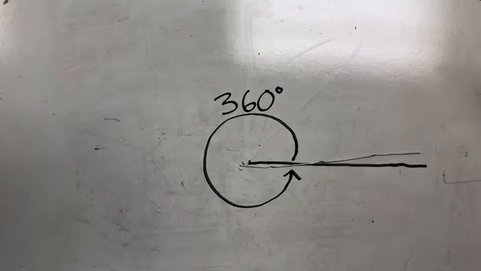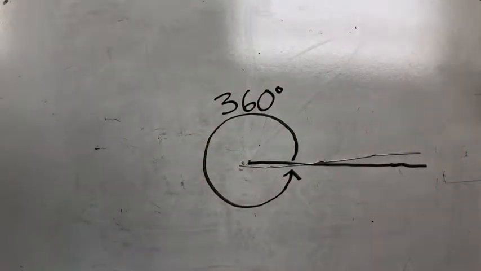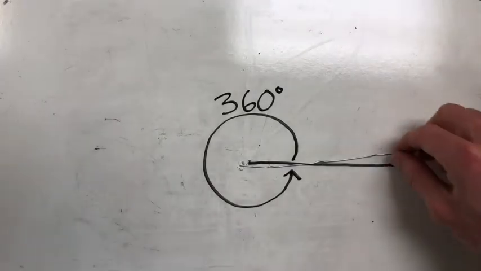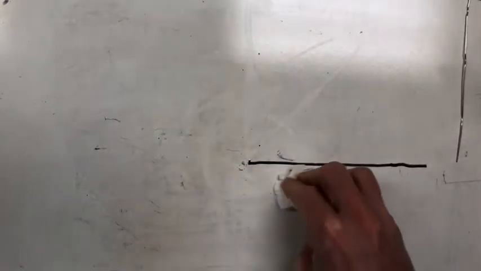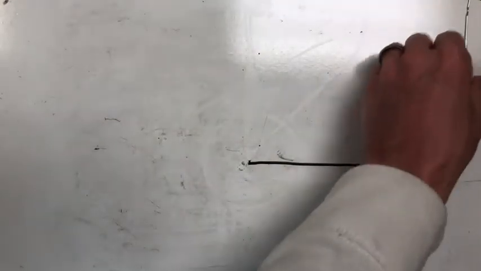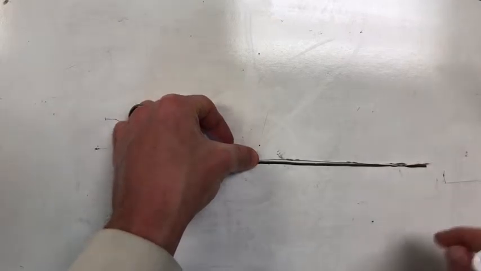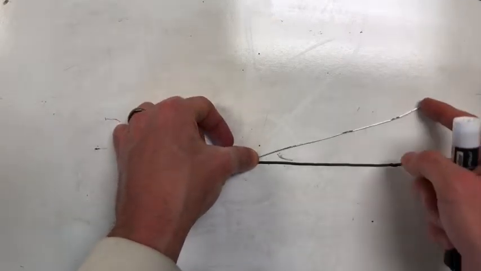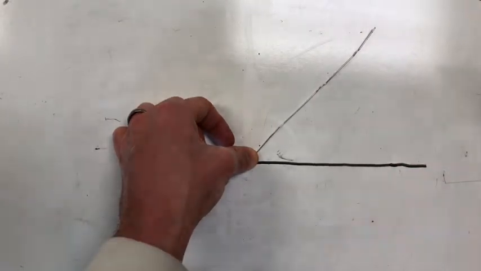So now, remembering that fact, that all the way around is 360 degrees, I want us to try to start making some estimates. We'll start over. If all the way around is 360 degrees, make an estimate for how much of a rotation that is. So I'll add in the segment.